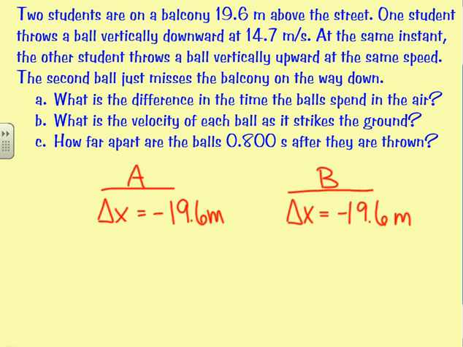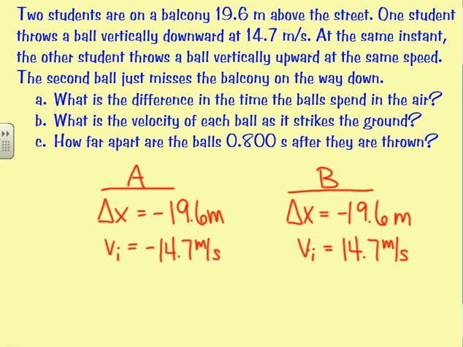It says that one of them is thrown vertically downward. That gives me my initial velocity of negative 14.7 meters per second. Again, I use a negative sign to indicate down because I can't plug a downward arrow or the word down into my calculator. And it says the other ball is thrown up at that same speed. So that one's positive because we think of upward as being positive.